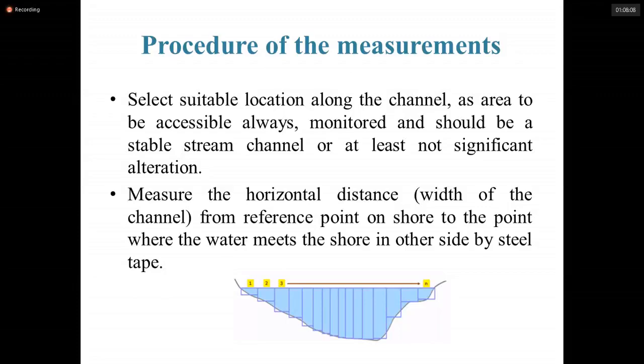Depth. Yes, good. Depth. So here we measure the width. Then we need to measure the depth. With the width and depth, we can calculate the area. And the next parameter is velocity. Once we measure all these things, we can calculate the discharge of this channel.